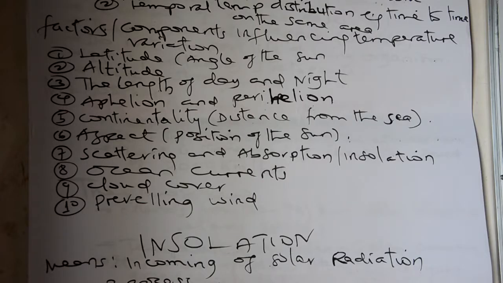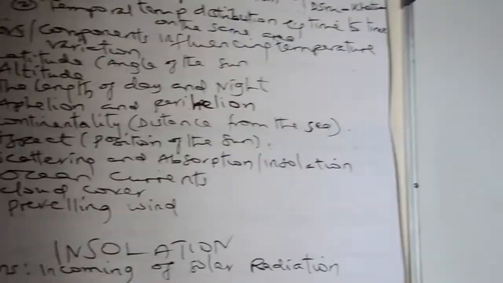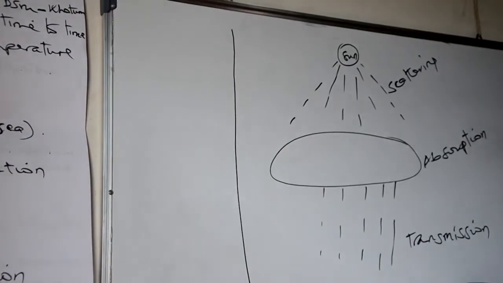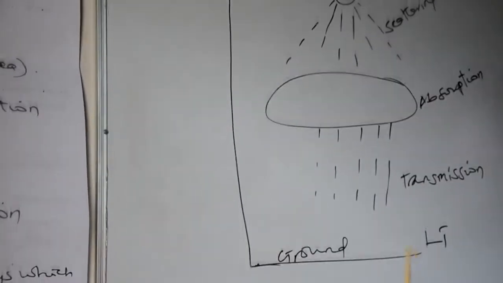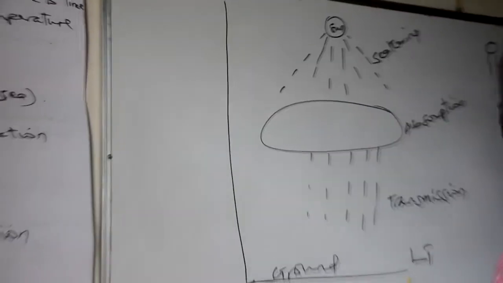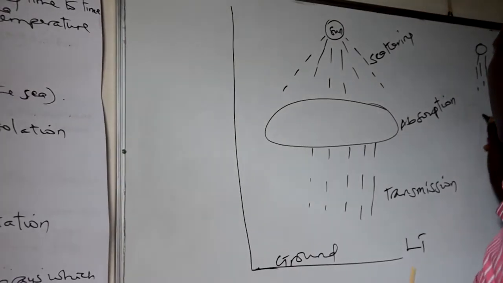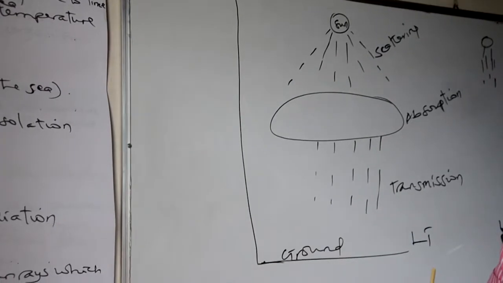Wherever there is enough scattering, the temperature will be low. But if the scattering is not so high, the direct penetration of sun rays will be high and cause high temperature.